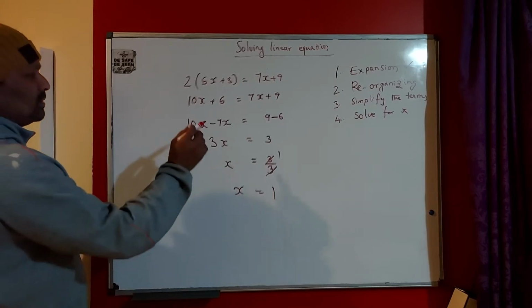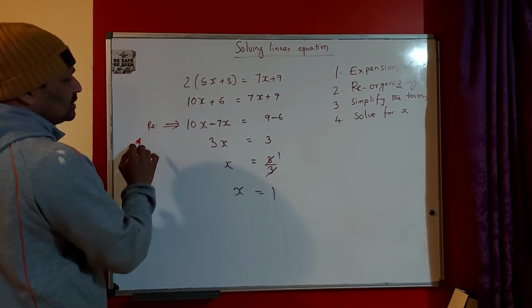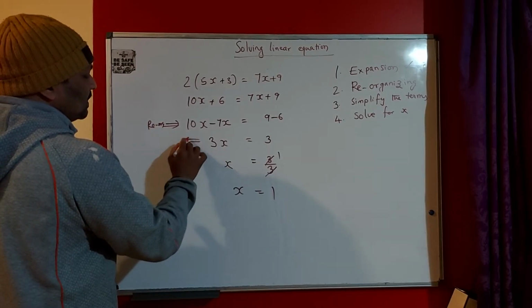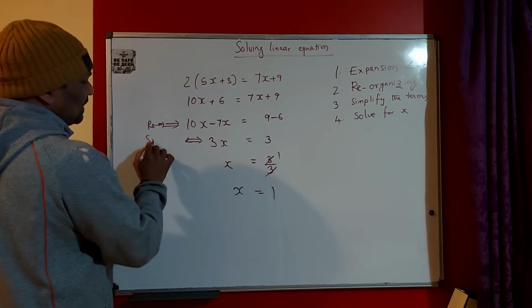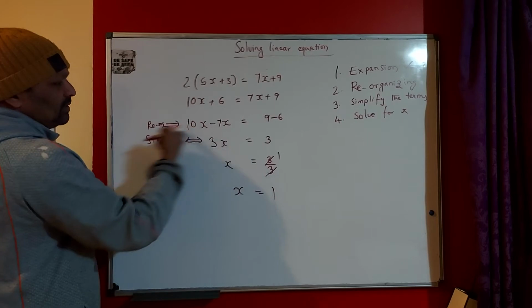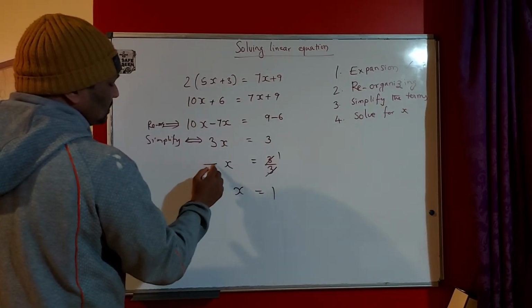So this is the step where we did a reorganization. This is what we did: simplifying. After reorganizing, we got this step. After simplifying, we got it. And this is where we solve for x.